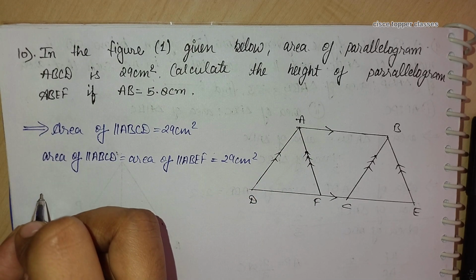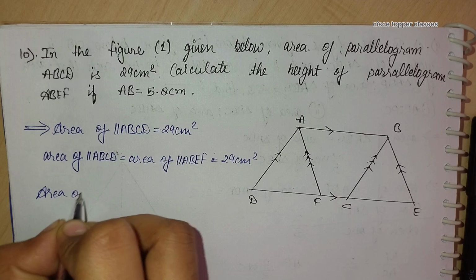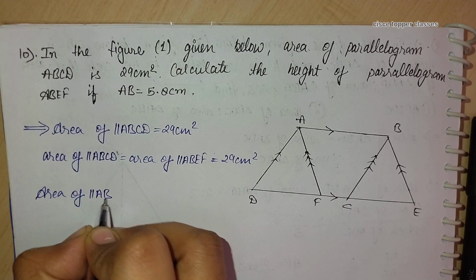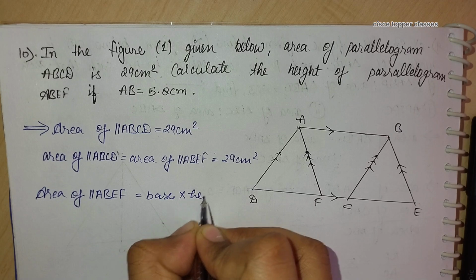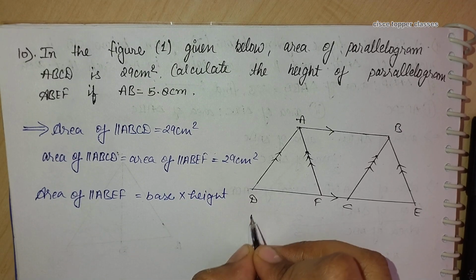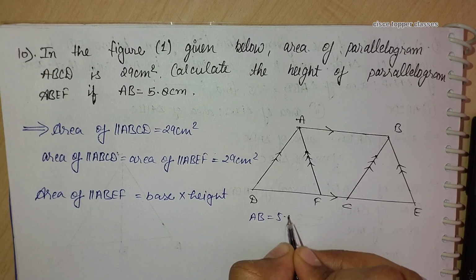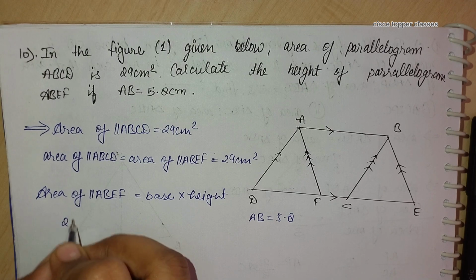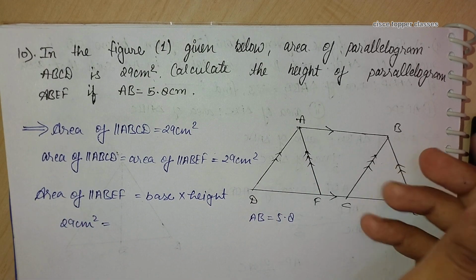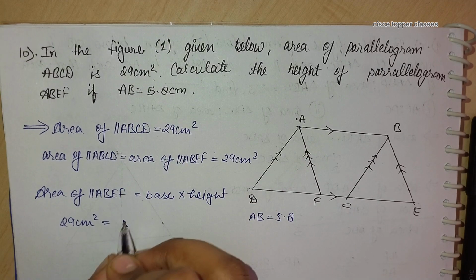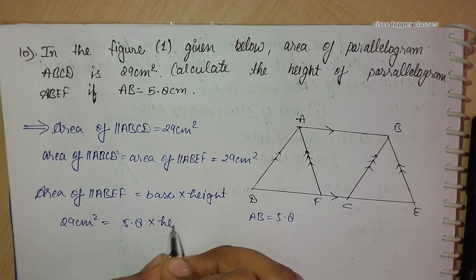So we can write area of parallelogram ABEF, and the formula is base into height, and given to us AB is equal to 5.8 centimeter. So here area of ABEF is 29 centimeters square, and base is AB, so it will be 5.8, and we have to find the value of height.